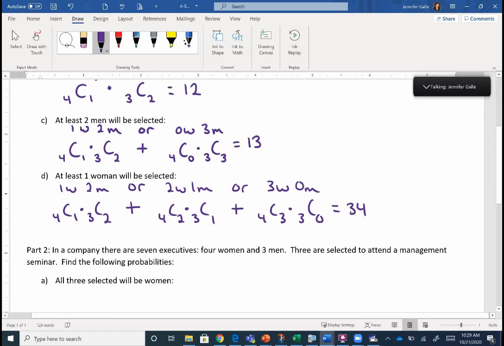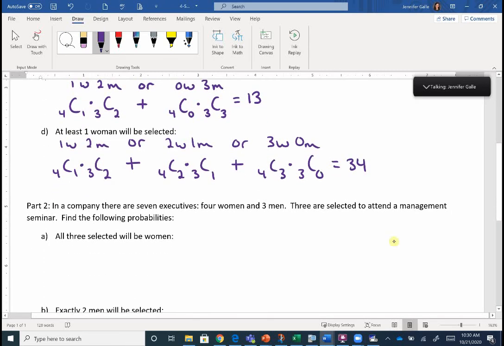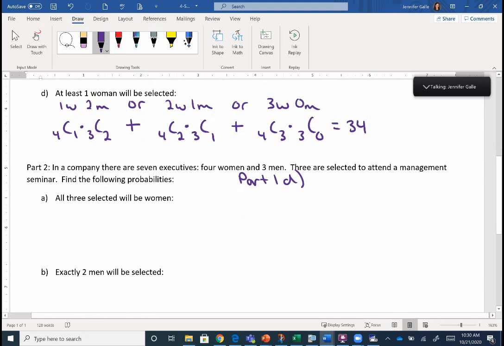Now, there is some extra space. I'm going to go over here. We won't need this space right here. Part 1D. There is a second option. I know when we've worked with at least one before, we've done things with the complement. The difference is when we talked about the at least one and the complement using that, we were working specifically with probabilities.